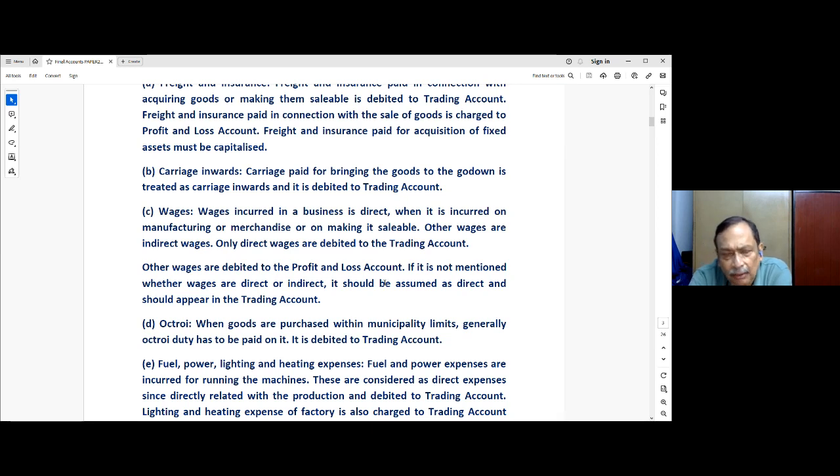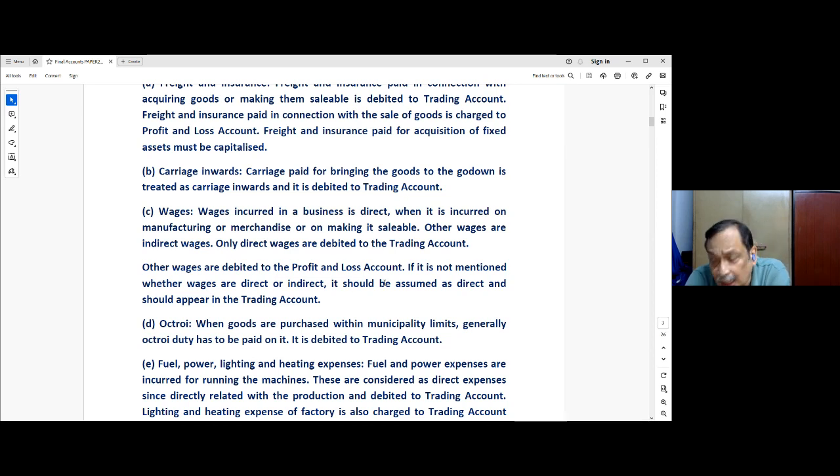in the trading account. Now, here I am just going to mention one important trick. What is that? Sometimes you see it is given as wages and salaries. If it is given as wages and salaries, then the same should be debited to the trading account.